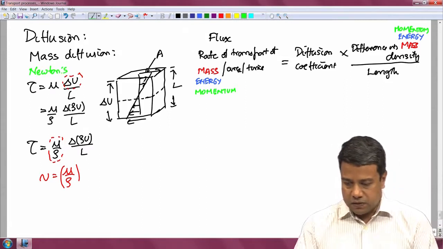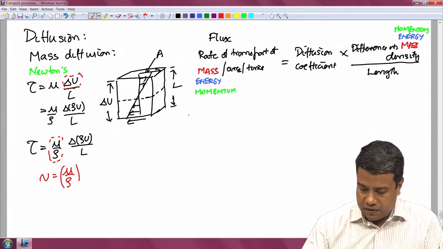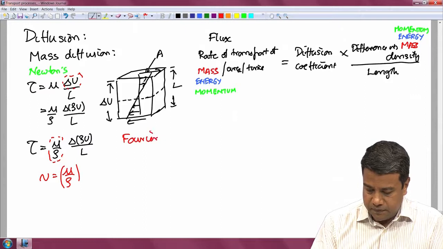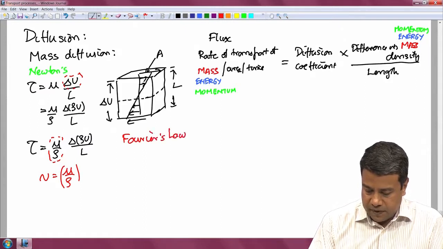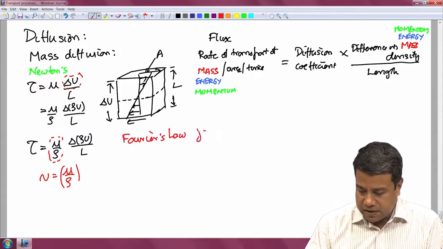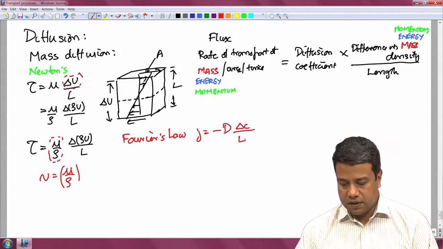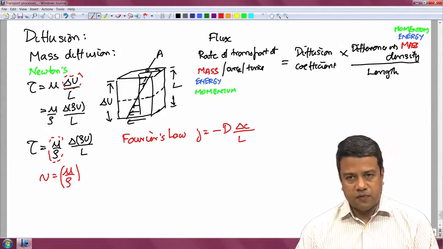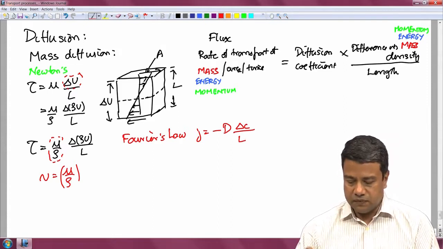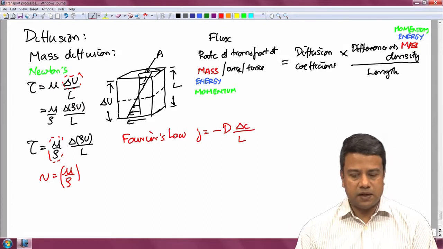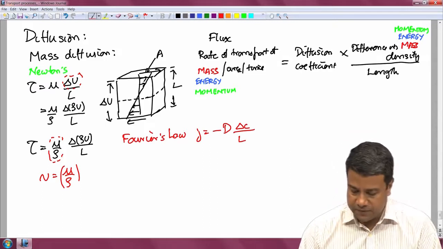Fick's law for diffusion can be expressed as J is equal to minus D delta C by L. Rate of transport of mass per unit area per unit time is equal to a diffusion coefficient times the difference in the mass density divided by the distance.